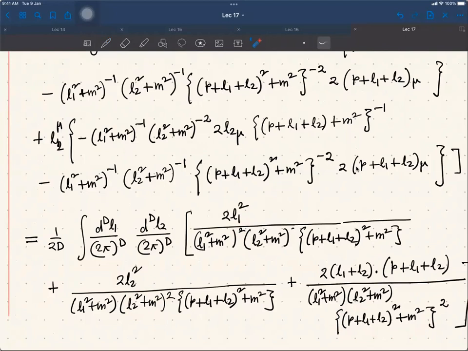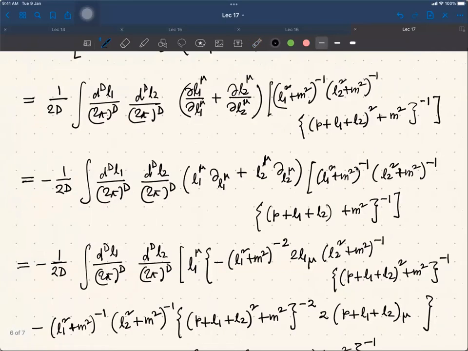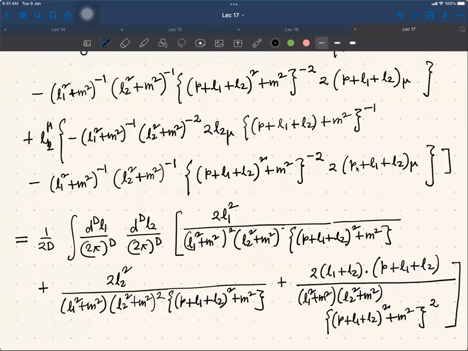So within bracket, L1 square by L1 square plus m square. Then the second, L2 square by L2 square plus m square. And the third will have L1 plus L2 times P plus L1 plus L2, divided by this factor.